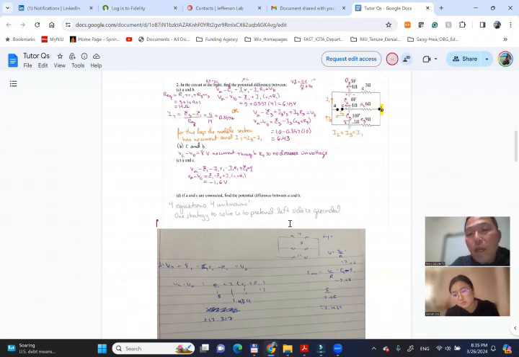So now if you set up I1 in the opposite direction of the orientation of EMF1, then I guess you will get a negative value of I1, because that is just the opposite direction and it's supposed to have a positive value.